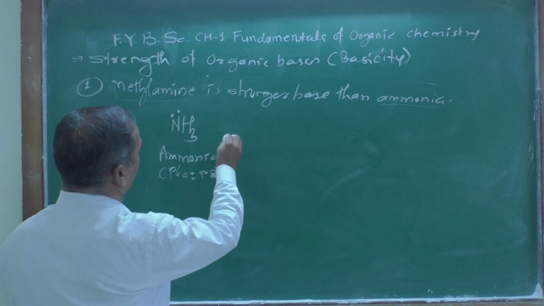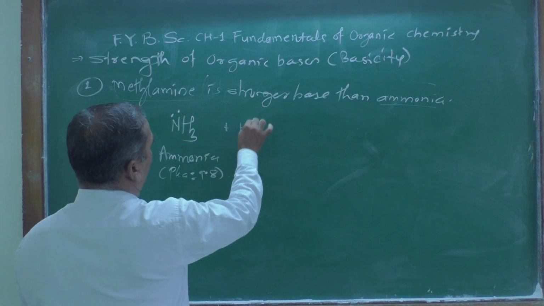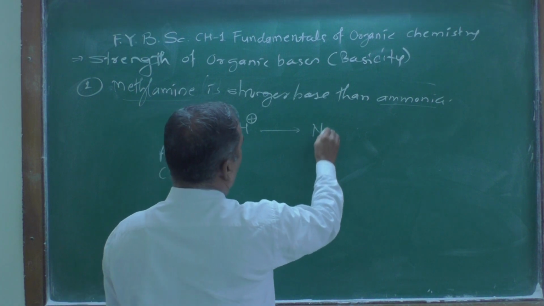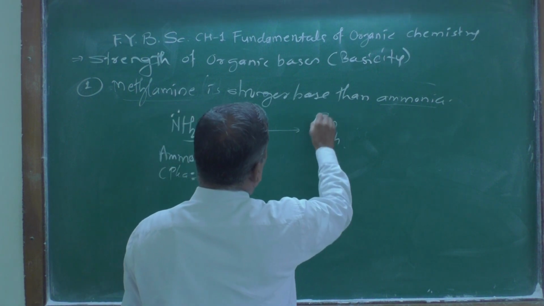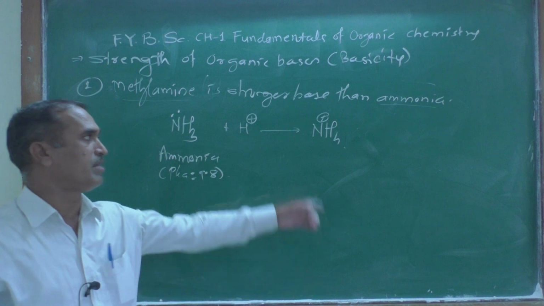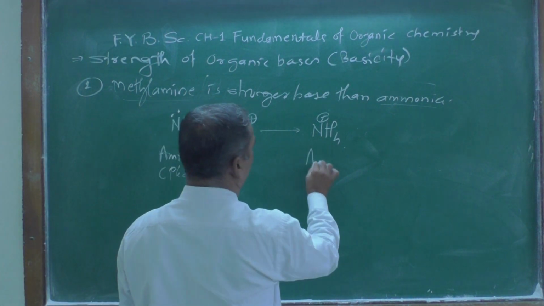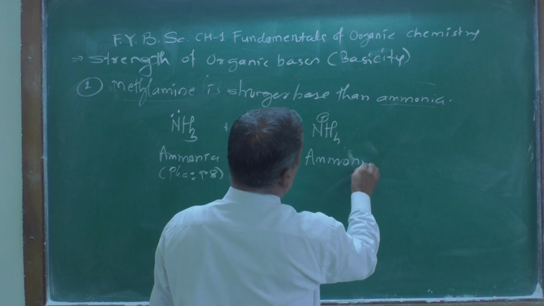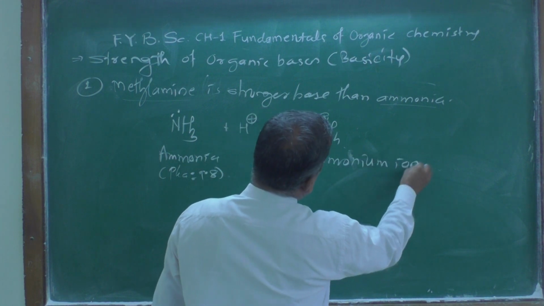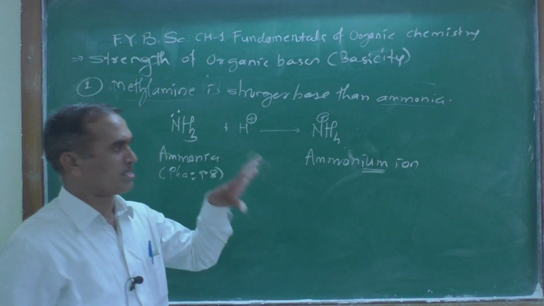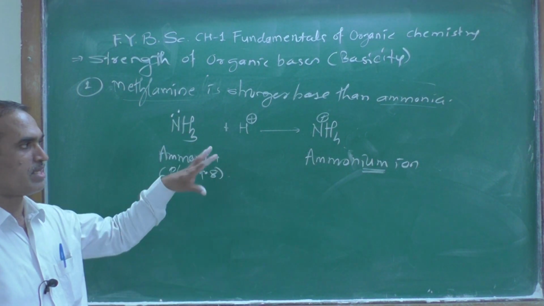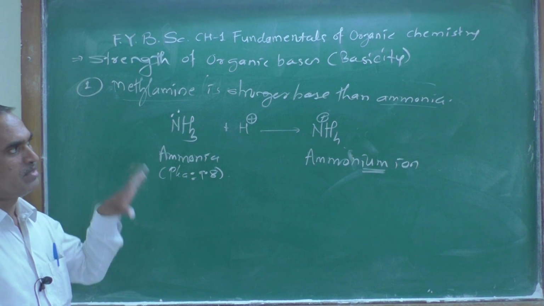Now when it attacks a proton, what do you get? You get NH4 plus, the ammonium ion. The ending IUM clearly indicates a positive charge on that particular atom, and that's why it is called an ammonium ion.